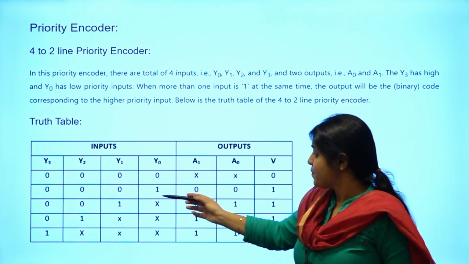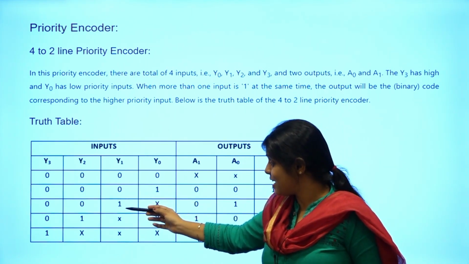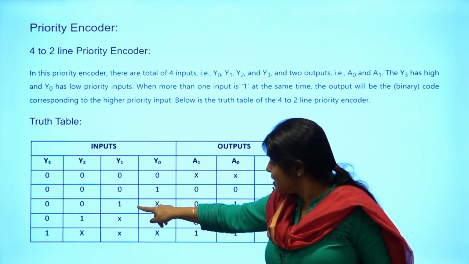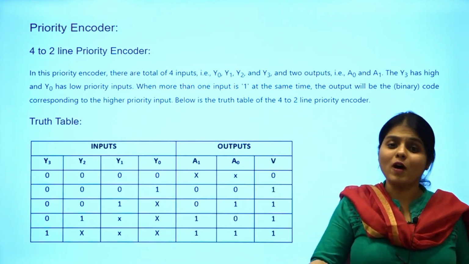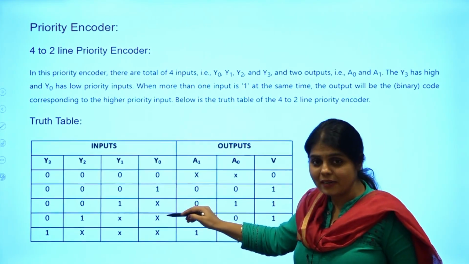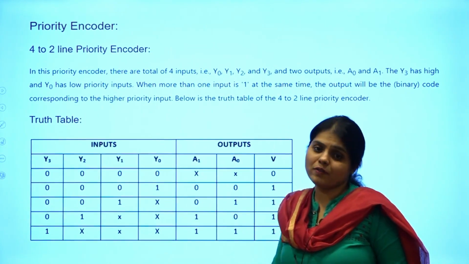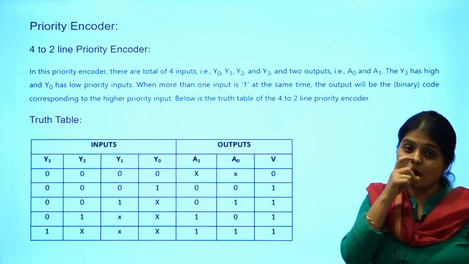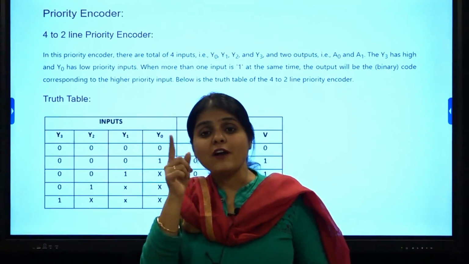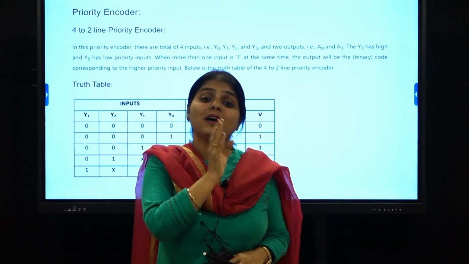If Y1 is high and Y0 is unknown, that is, Y0 is 0 or 1, then when I take Y0 also as 1, what would happen? The priority would be given to Y1, hence the output would be 0, 1 only. If Y1 is high and Y0 is also high, the output would be considered as Y1.